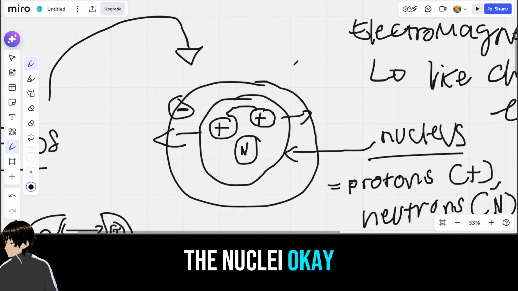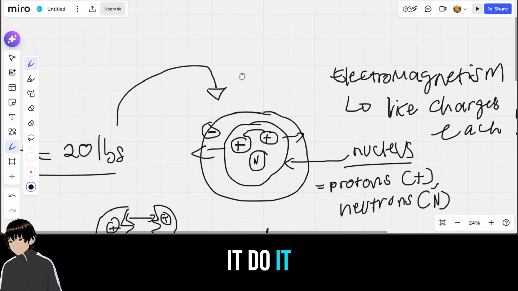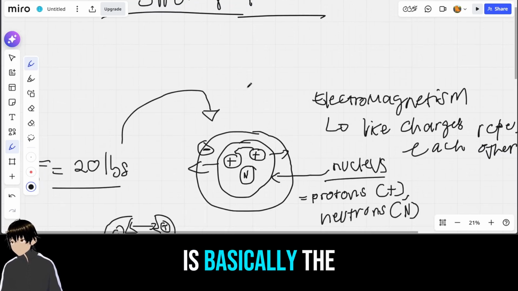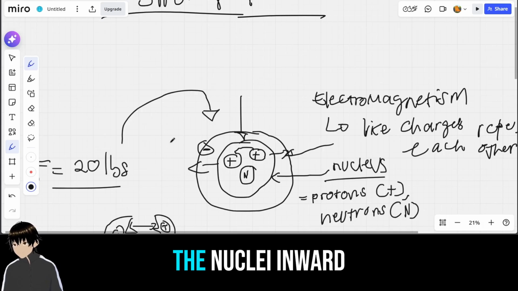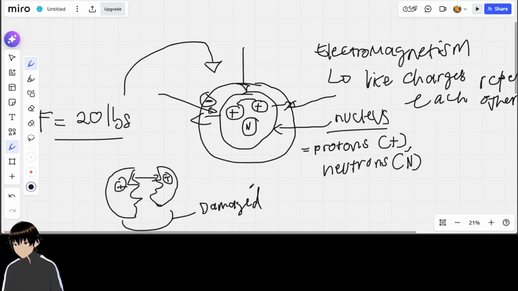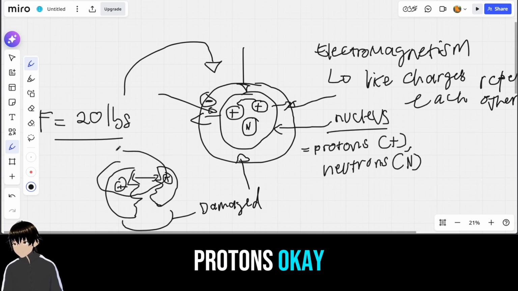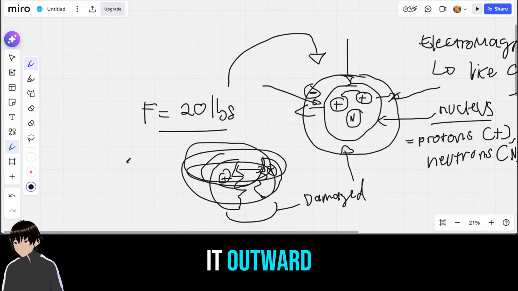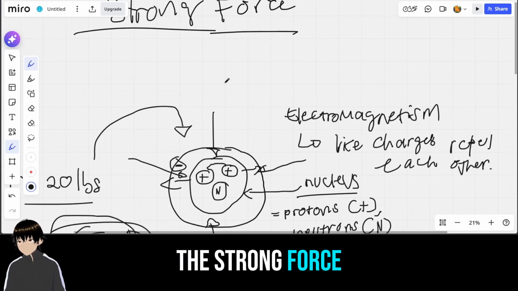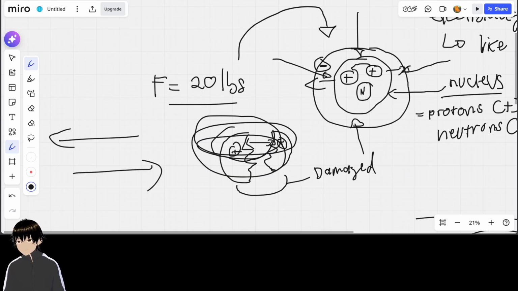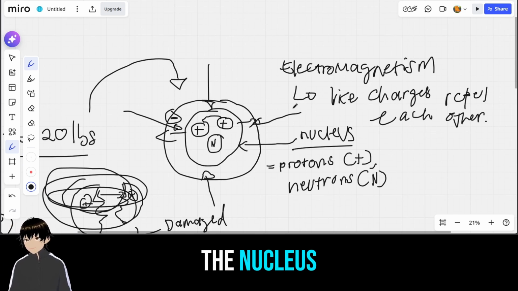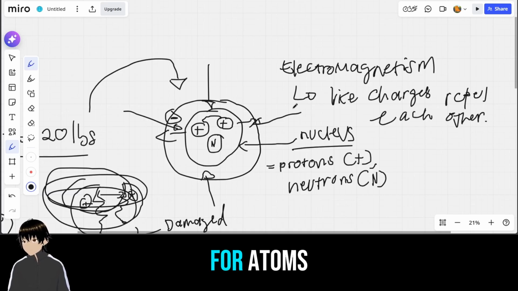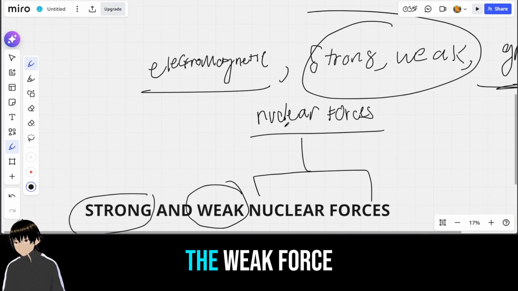So how does it do it? The strong force is basically the force that pushes the nuclei inward. So if the protons push it outward, the strong force pushes it inward. And that's basically what the strong force is for the nucleus, for atoms. Now, what is the weak force?